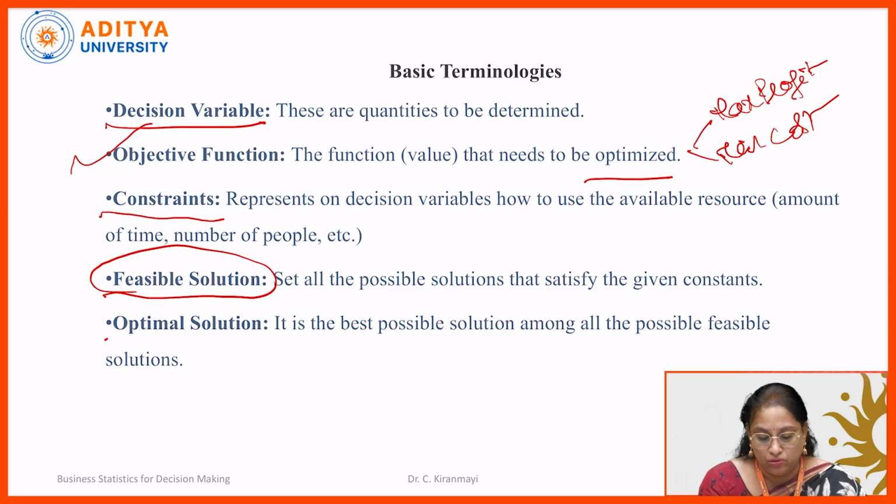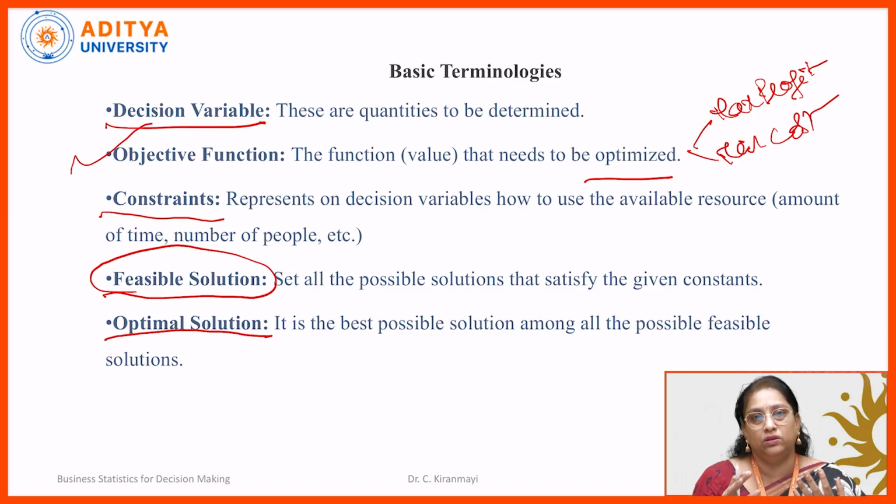And coming to optimal solution. The main agenda of linear programming problem is to find out how many units of each resource are to be allocated in order to maximize the profit or to minimize the cost, within the limitation and by satisfying the conditions.